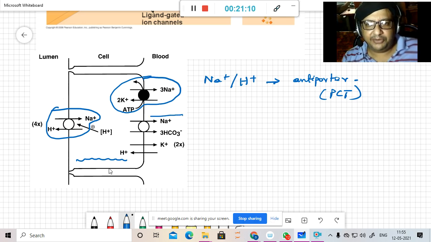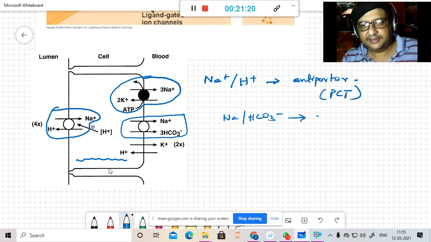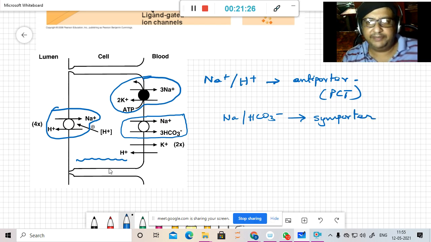At the same time you also have another pump, the sodium bicarbonate symporter. That is, bicarbonate and sodium move in one single direction. You have the potassium hydrogen antiporter also present.